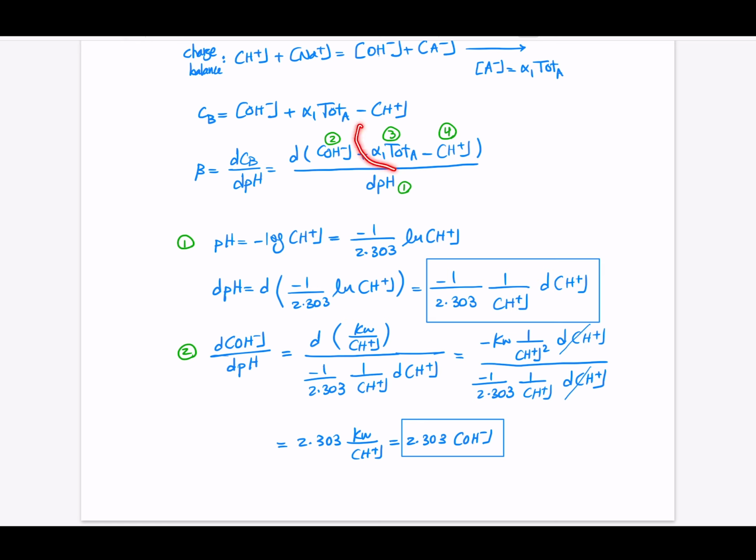So basically, this term, which contributes to beta, is equal to this part, 2.303 times the concentration of hydroxide. That's how that hydroxide that we talked about, qualitatively speaking, is contributing to the beta quantitatively. So the second part would be this guy, or the third expression.